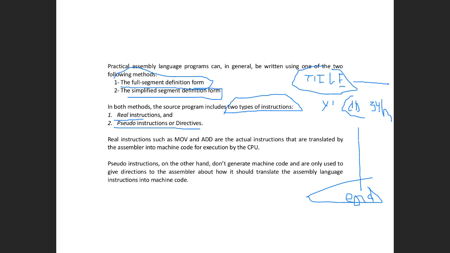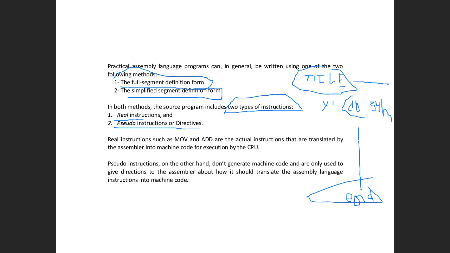Comment is definitely not part of the program, but something we can write as a part of the program, but they are not the real instruction. They are called pseudo instructions or directives, like title, DB, END, something like that.